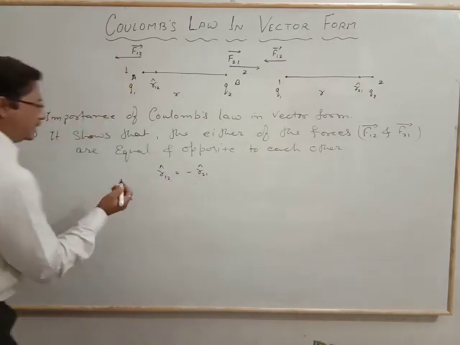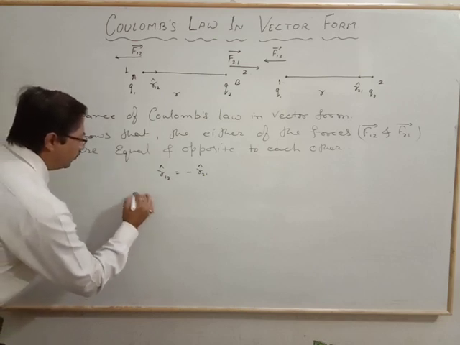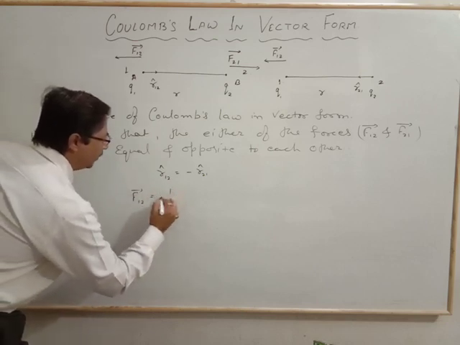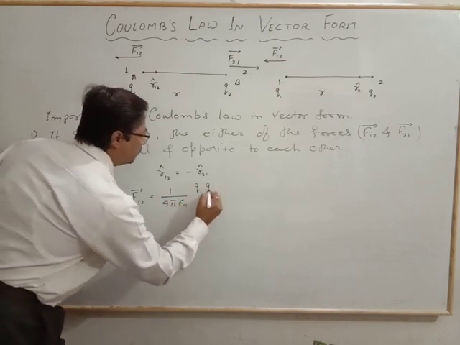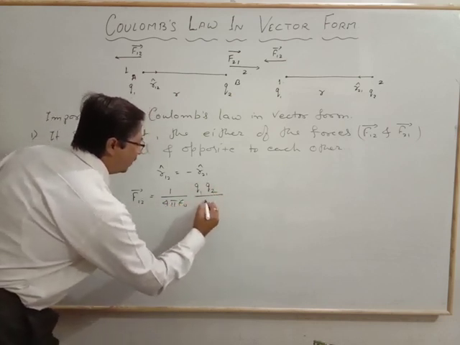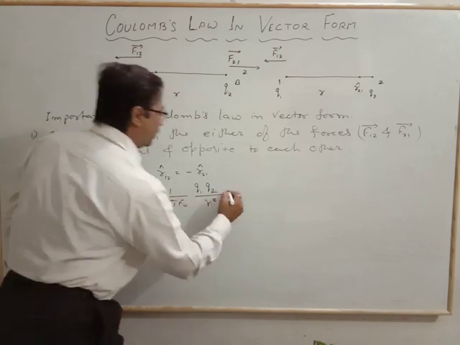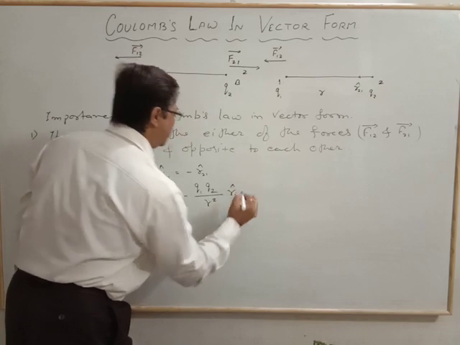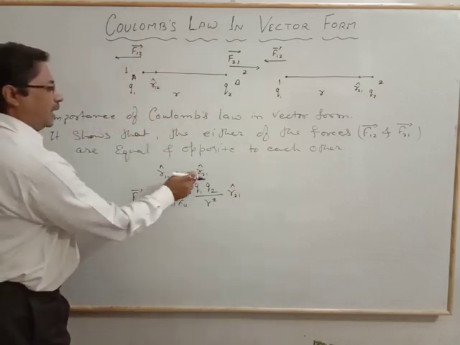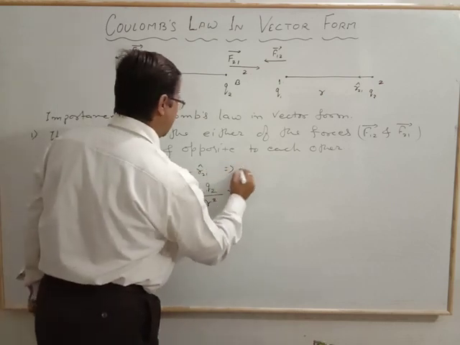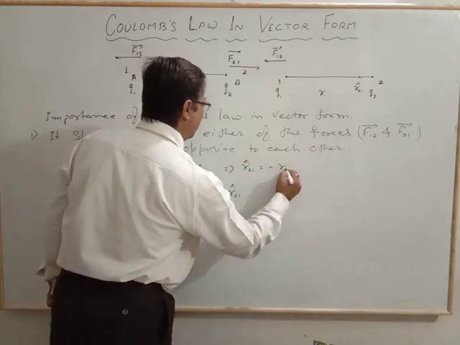So we consider F12, that means we have the relation 1 by 4 pi epsilon naught q1 q2 by r square, and here the unit vector is the 21 unit vector. Now 21 means we consider the minus of this one, or this implies r vector 21 is equal to minus of the r vector 12.